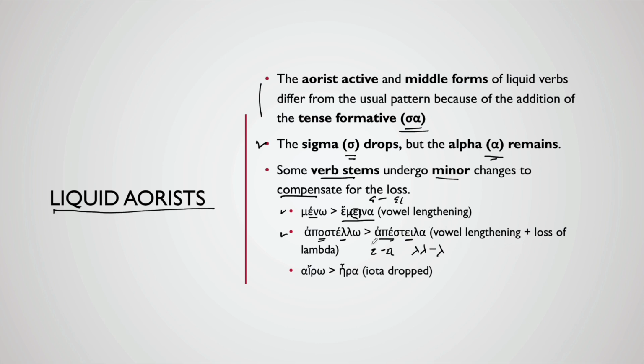So those are the things that happen there. And again, ἀείρω, like it did in the future, the iota drops. And again, you get the lengthening of that alpha to show the augment. So those are some things to note with liquid aorists.